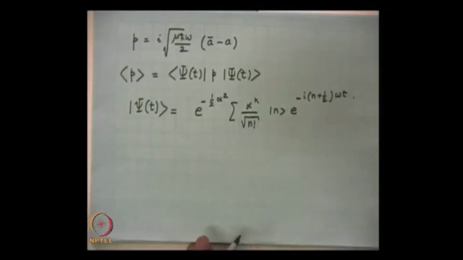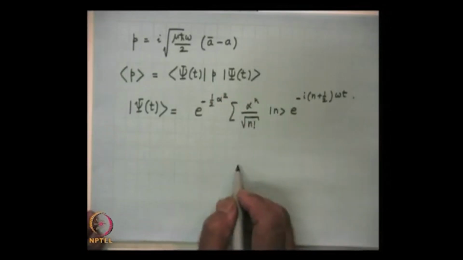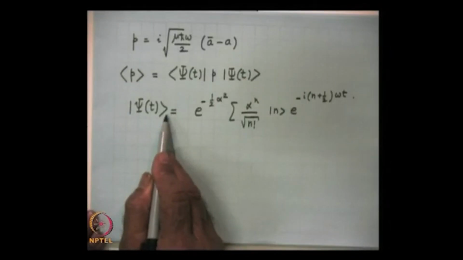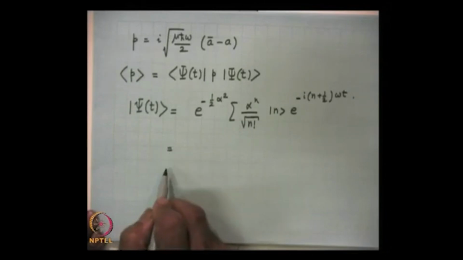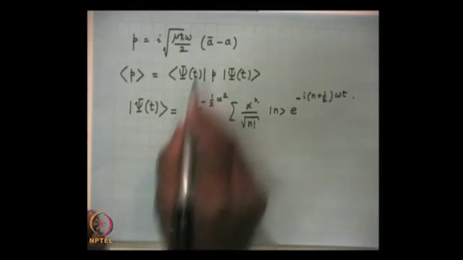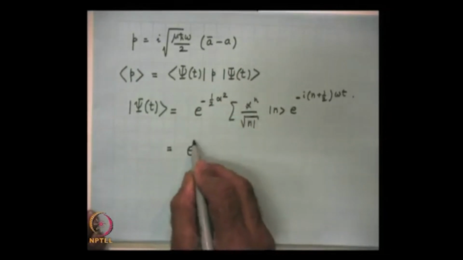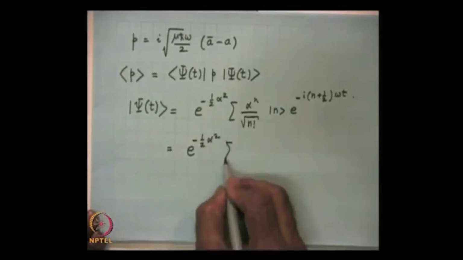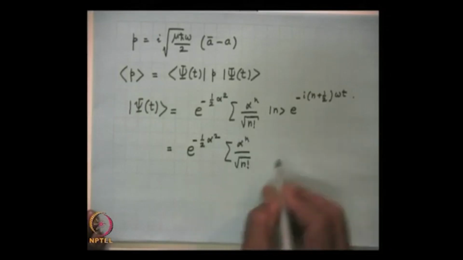If I then use again the relation, operating A bar minus A on psi t, this will be e to the power of minus half alpha square summation alpha to the power of n square root of n factorial.